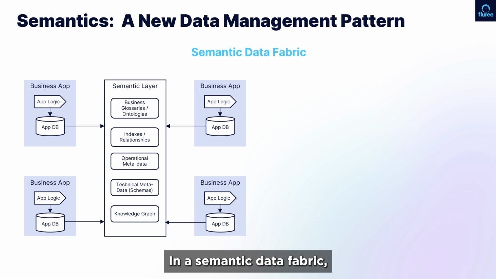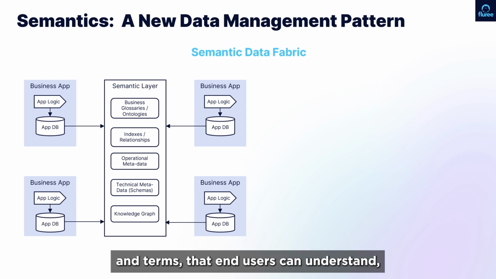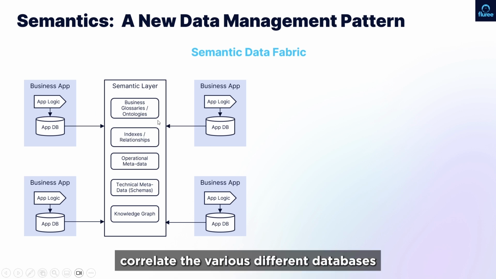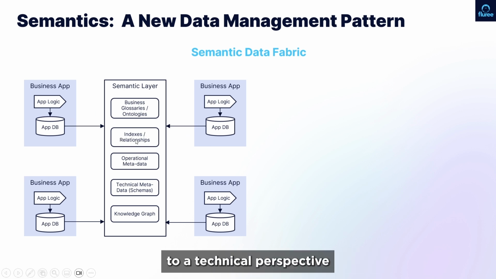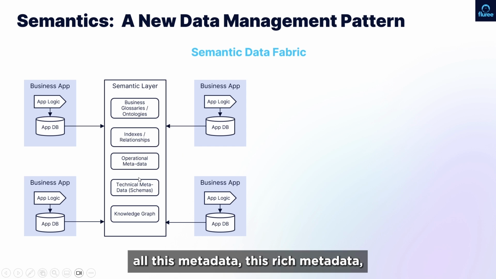In a semantic data fabric, the focus is not necessarily on moving and copying data from one location to another, but basically creating one big large index that allows me to understand what data I have, map it under an abstracted layer of a set of business vocabularies and glossaries and terms that end users can understand, correlate the various different databases from a business perspective to a technical perspective and link them together, and then save all this information, this rich metadata, inside a knowledge graph.